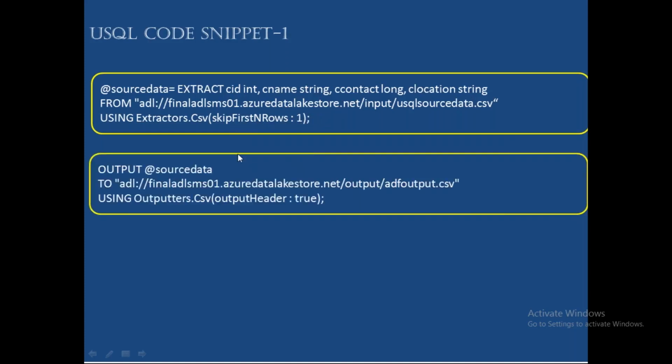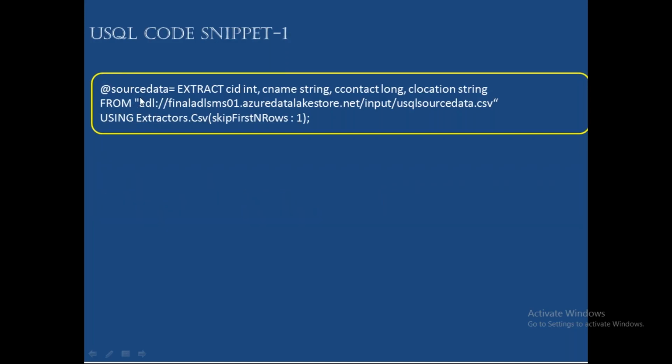That's one. Next, now all this data you have assigned to where? To @sourcedata. All this input data is stored in this variable. A variable declared in U-SQL starts with @. Source data is the name; this name can be anything, but you need to put @ name = something like that.